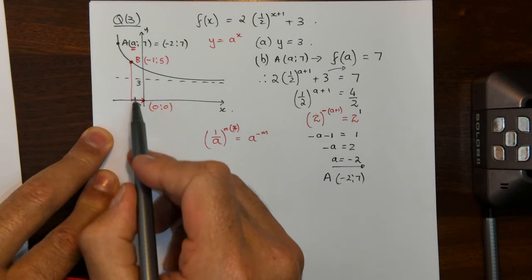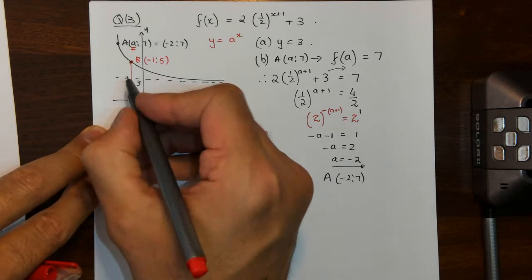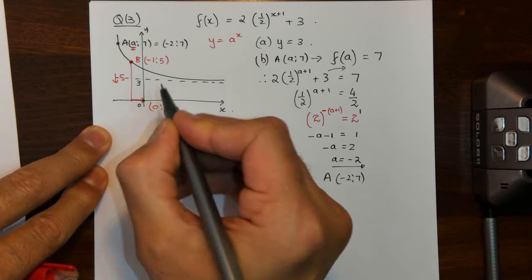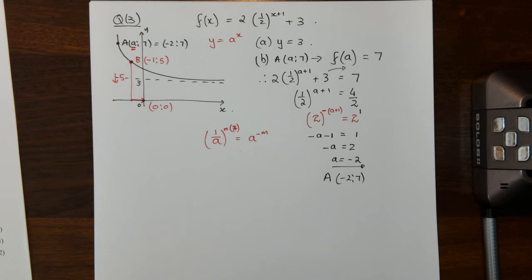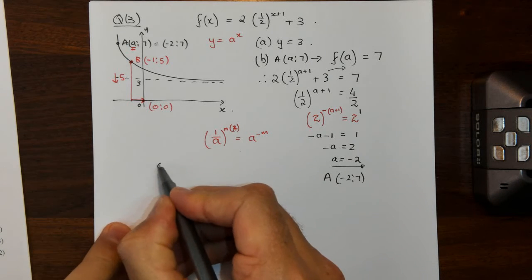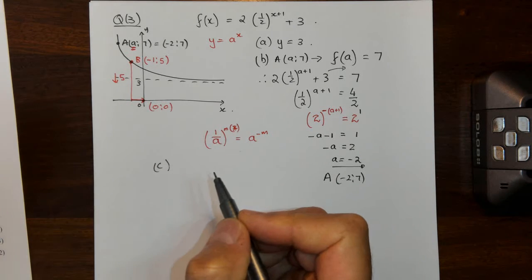So it's a simple translation. It goes downwards 5, and to the right it will go 1 unit to get to the origin. Okay, so for part C, it's a 2-mark question.